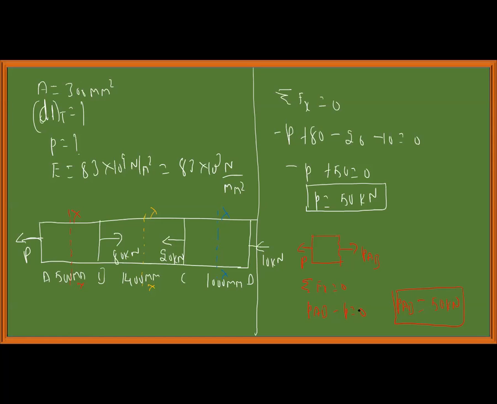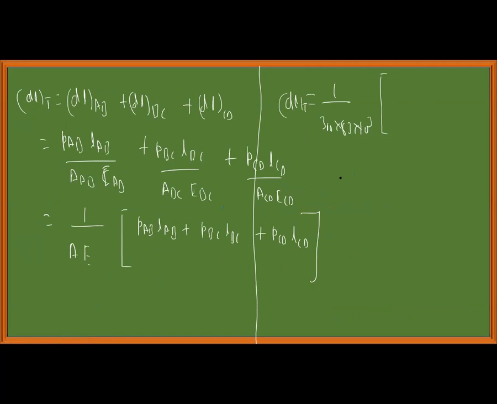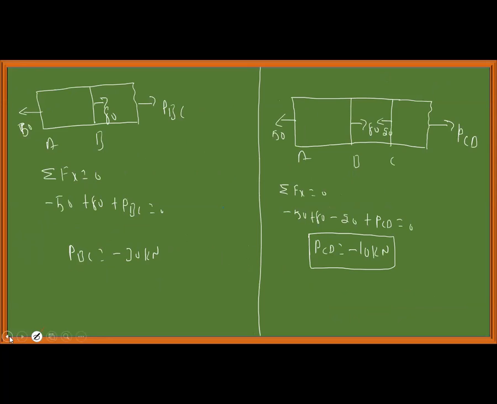P of AB is 50 kilonewton, into the length of AB, which is 500, plus P of BC. P of BC is minus 30 and minus 10, right?